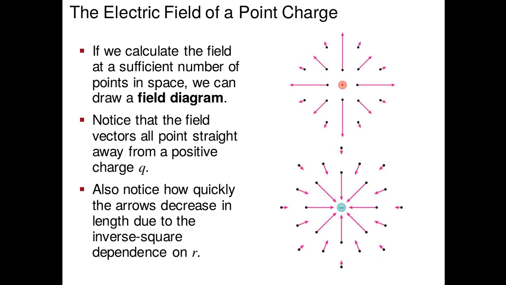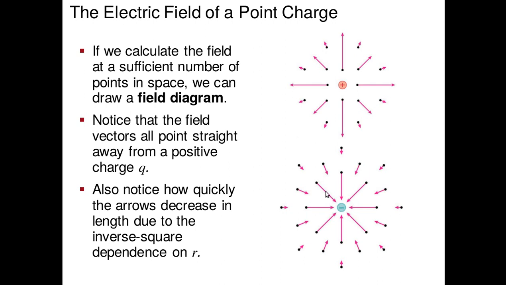These are what we call our field diagrams. The electric field is a vector field, much like the gravitational field. If I were to draw the gravitational field of Earth, it would look very similar to this, because everything with mass is going to get pulled towards the center. But the farther I get away, the weaker the field is, because it's an inverse square law. So r squared is in the denominator of my electric field term.